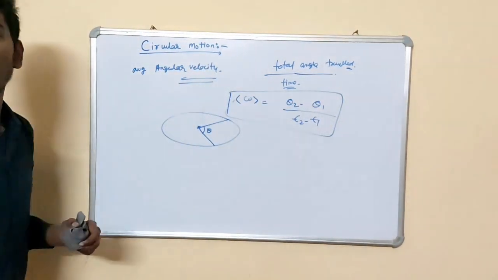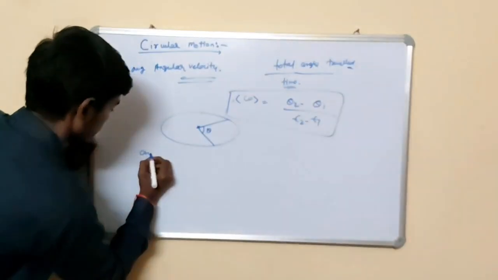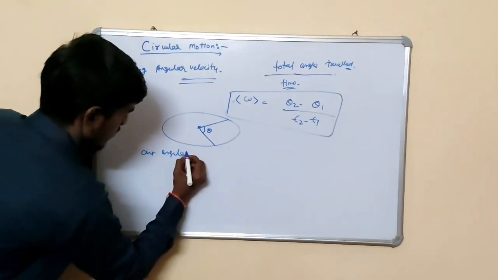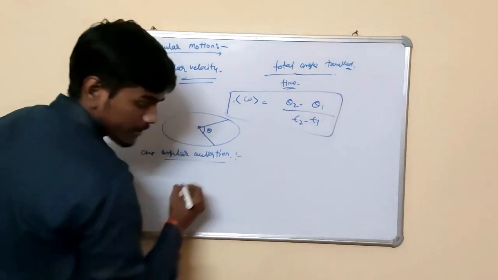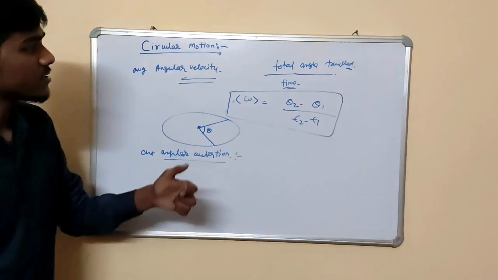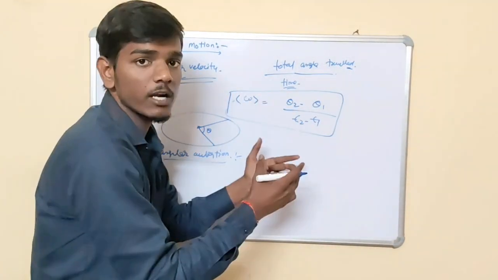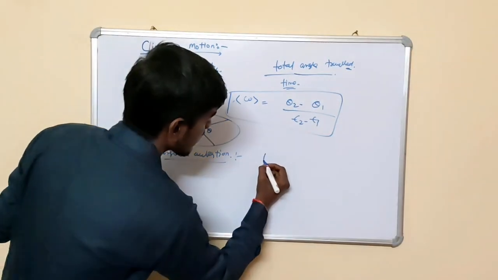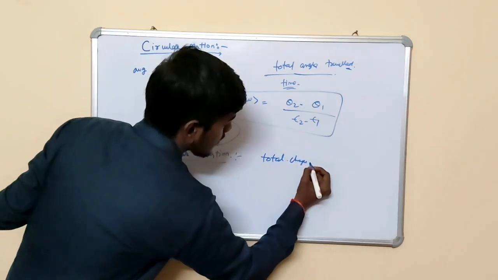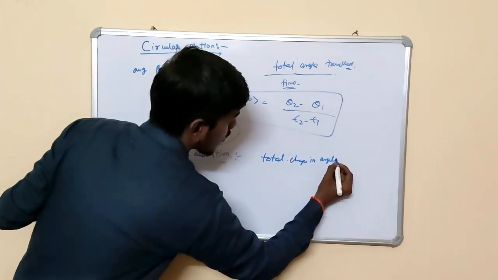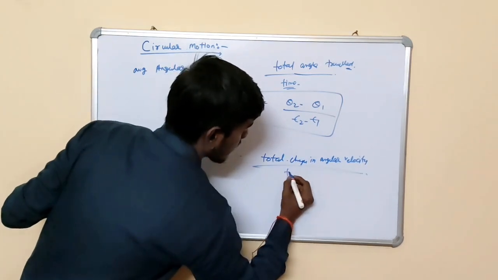In a similar manner, what will be the average angular acceleration? Just like what we did in finding angular velocity, where we took the total angle traveled divided by total time, here we will take the total change in angular velocity divided by total time.